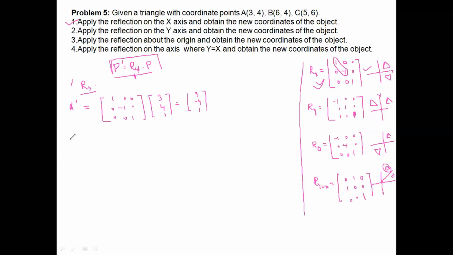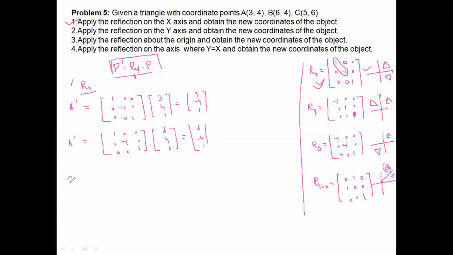Same we will go with b dash, with the matrix 1 minus 1 1, the rest of the elements 0, and the b old point is 6 4. So 6 minus 4.